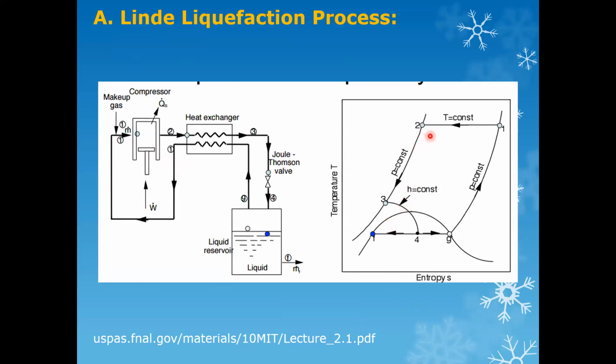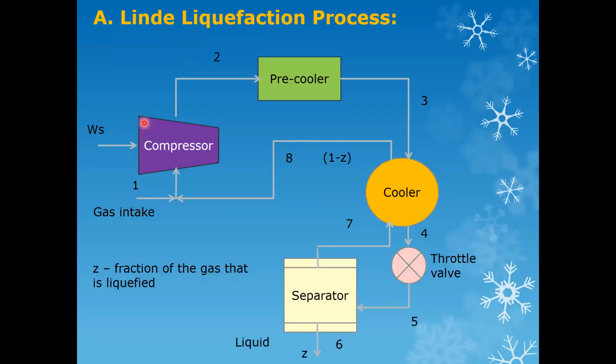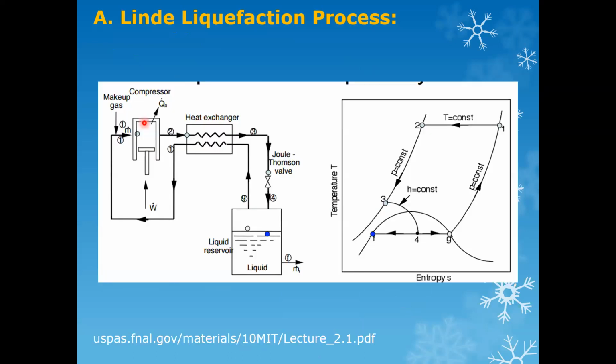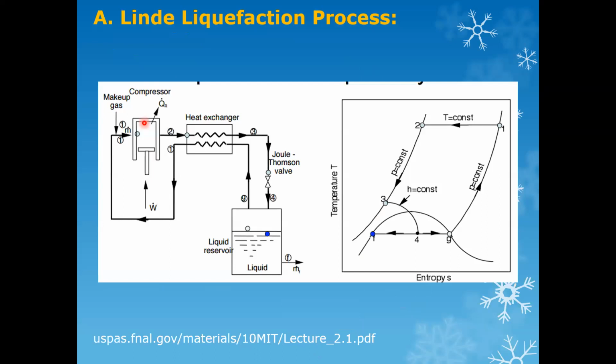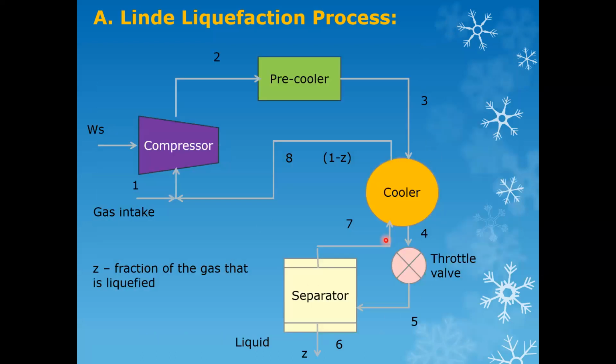How does it look on the TS diagram? If this is our process diagram, what's the difference here? For this one, there's no pre-cooler, so the heat exchanger is actually the cooler here.